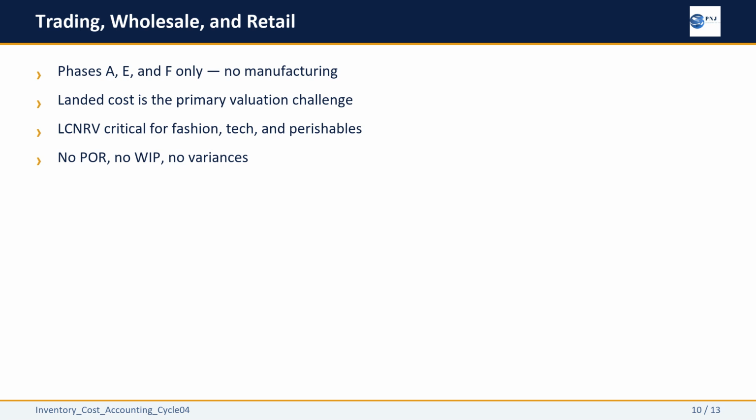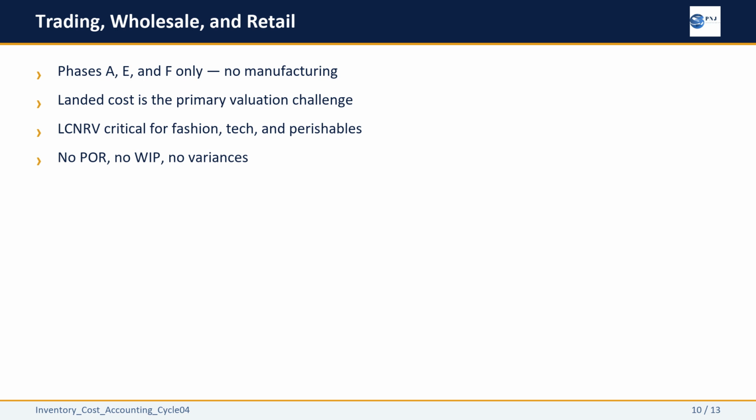Let's start with the simplest profile: trading, wholesale, and retail. These clients have no manufacturing, so only phases A, E, and F apply. There's no POR, no work in process, and no variances to chase. That simplifies things, but it shifts the spotlight.